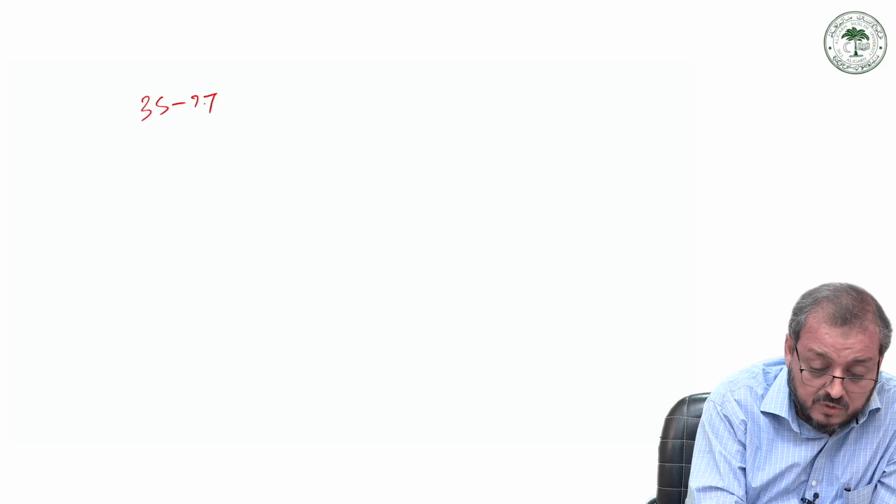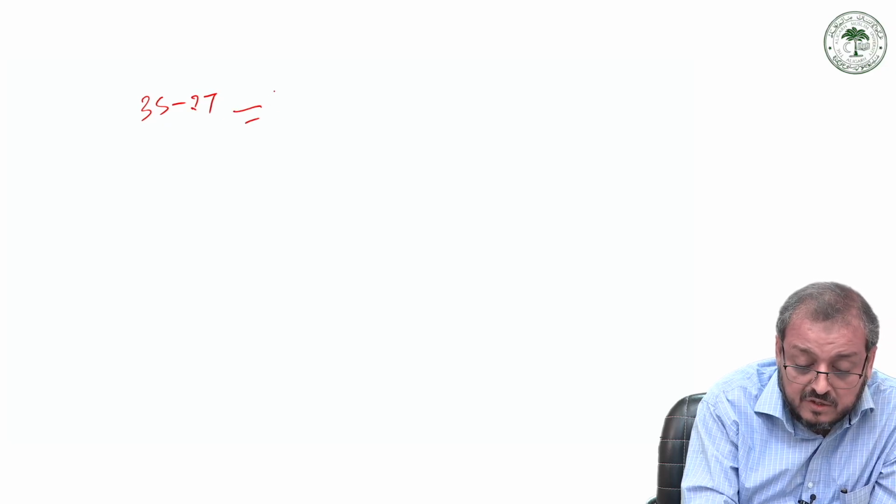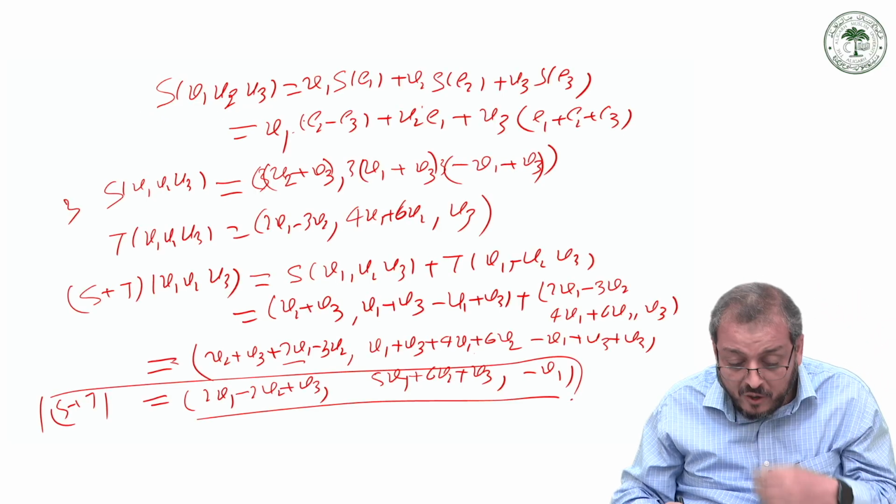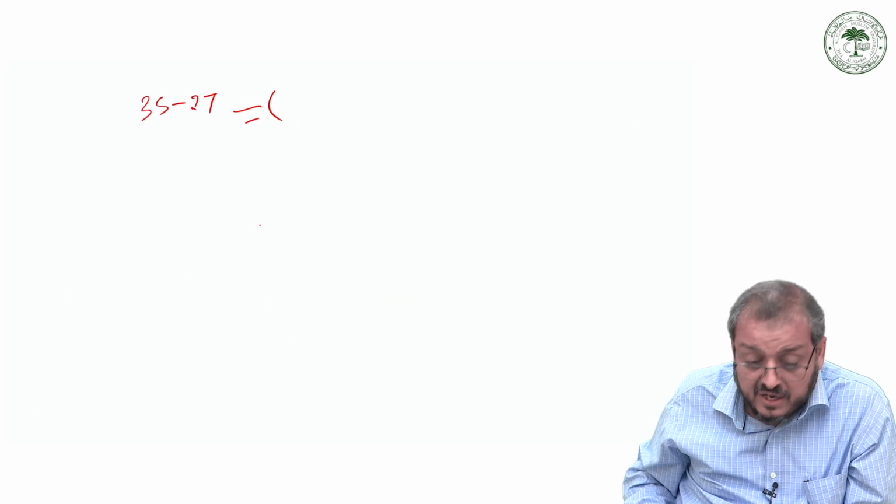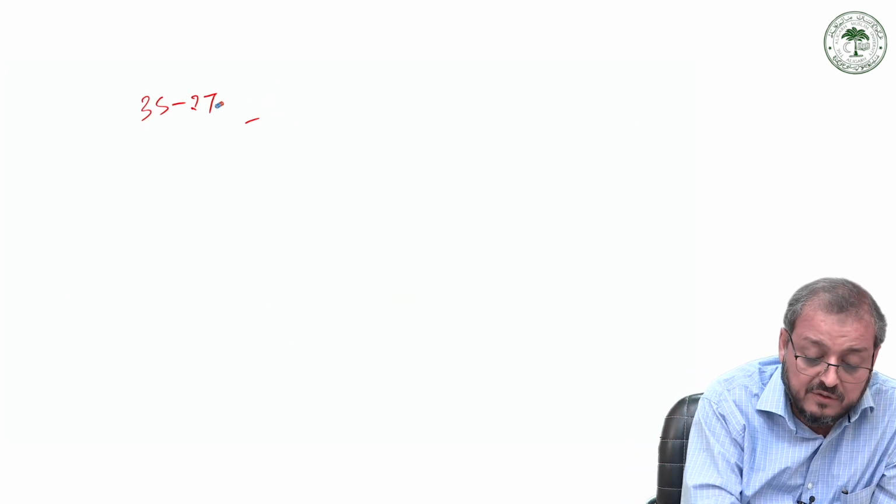So we can say that 3s minus 2t can be written as 3s. I just directly write the values like this.